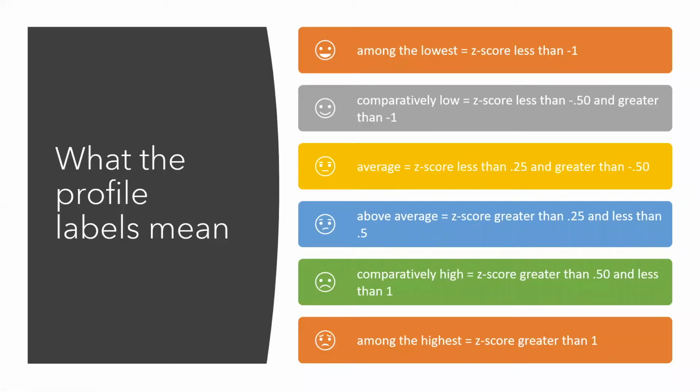So all of our profiles on these particular maps translate into a Z-score that we're going to talk about next week, about how to actually get the Z-score data for each of your communities. But when it is a risk factor and that community is among the lowest, that community is doing awesome. When we look at the aggregate maltreatment risk in the community, the ones that are among the lowest are the ones who really haven't experienced any substantiated maltreatment in CPS data that year.